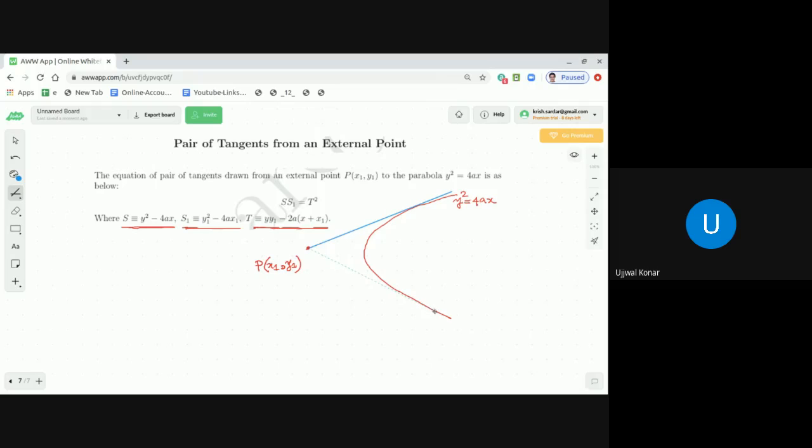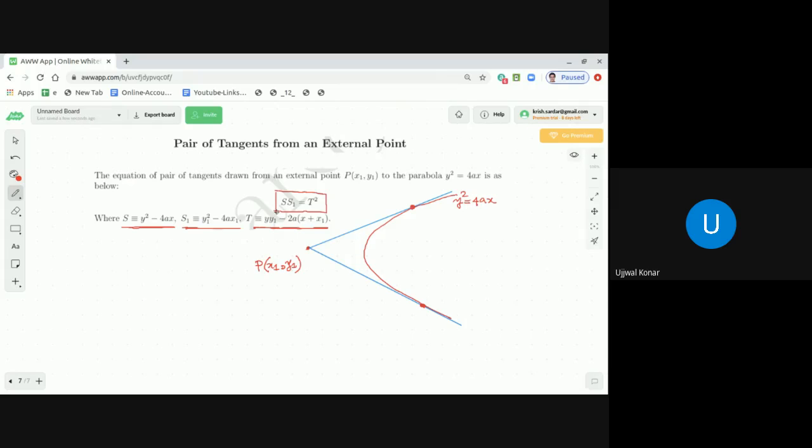Now, if you look into these two tangents, these are actually a pair of straight lines. This is one point and this is one point. Now, what is the joint representation of this pair of straight lines represented by the two tangents drawn from an external point x1, y1?